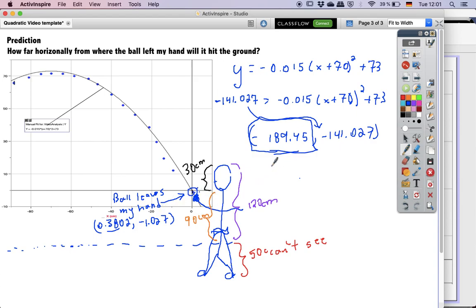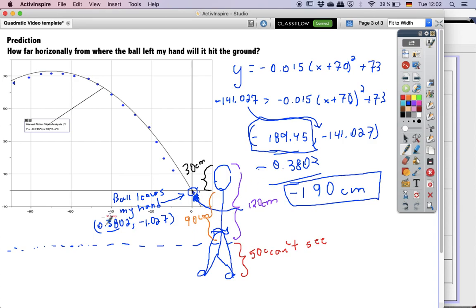So we have to add it or take it away? Well, we've got the 189 on the left-hand side of the y-axis, and then we've got the 0.3802 on the other side of the y-axis. So if we were to add together those absolute values, we can call that minus 190 to the nearest centimeter.